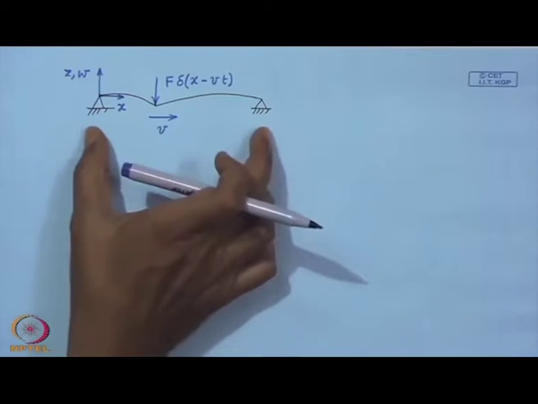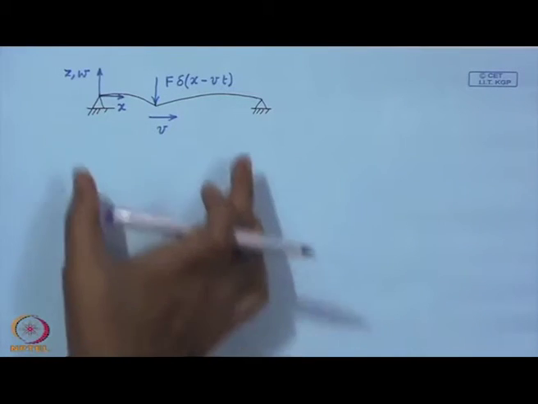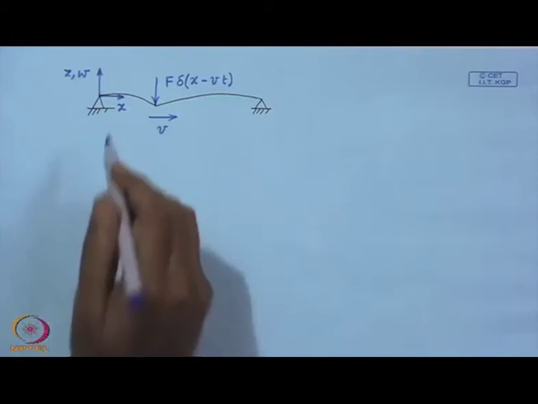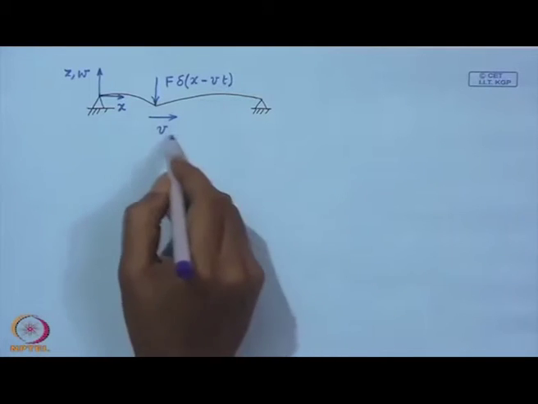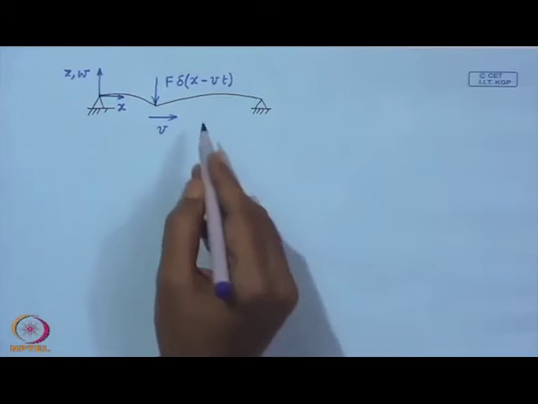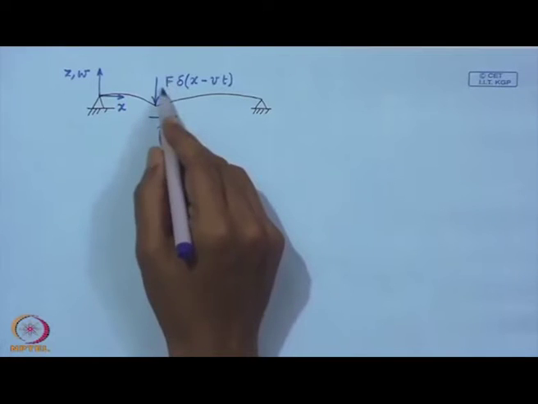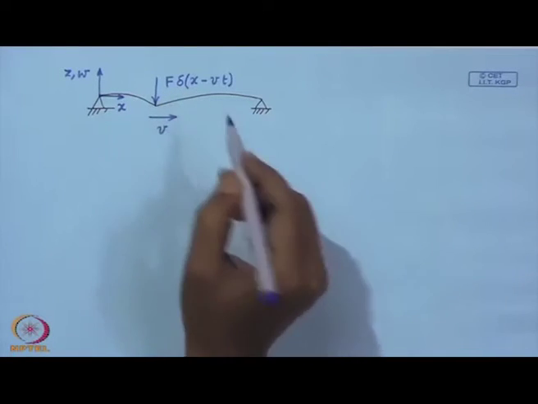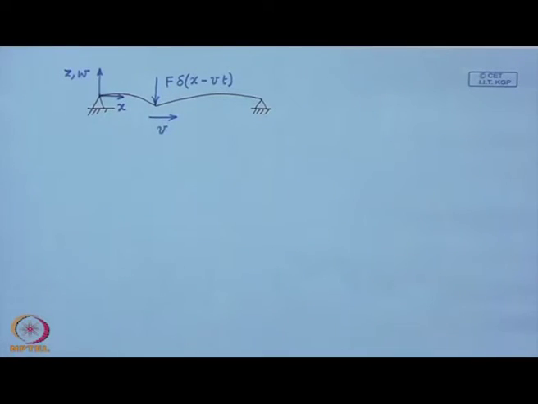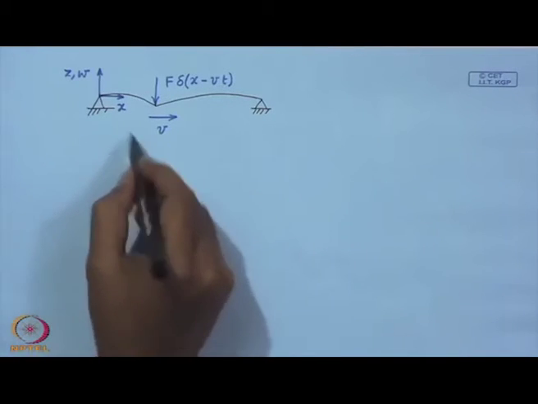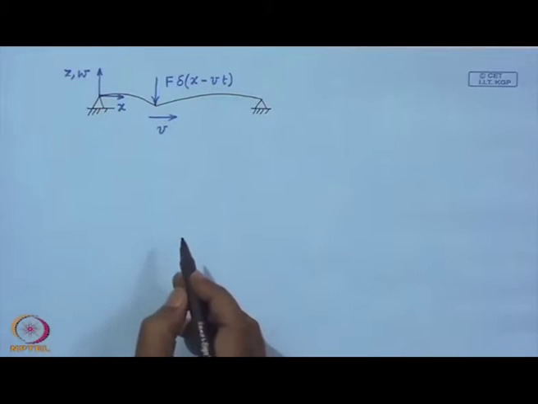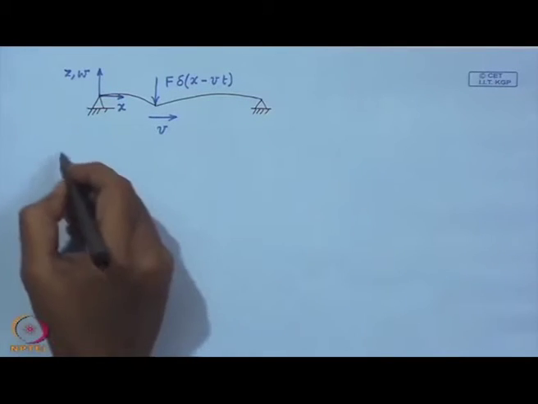So, we have a taut string on which there is a concentrated force which is travelling at a speed v. So, this F is a constant. So, let me write down the mathematical formulation of this problem.